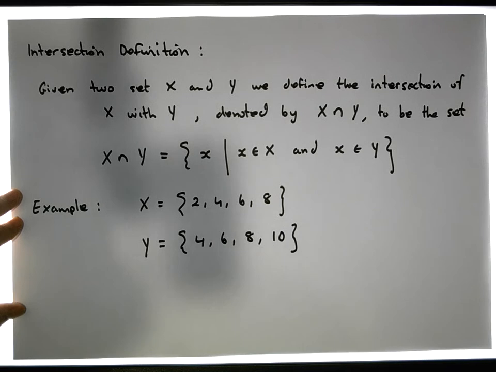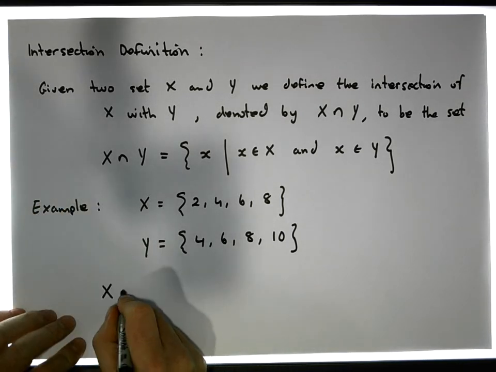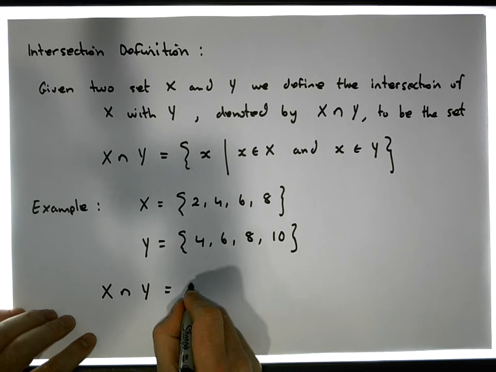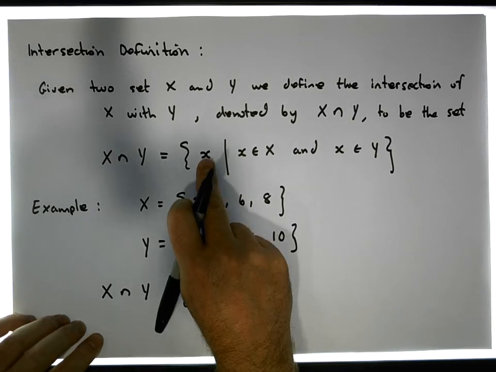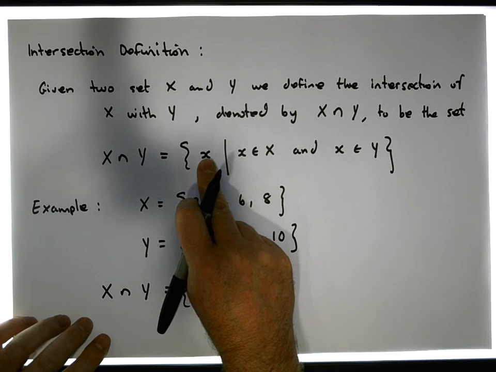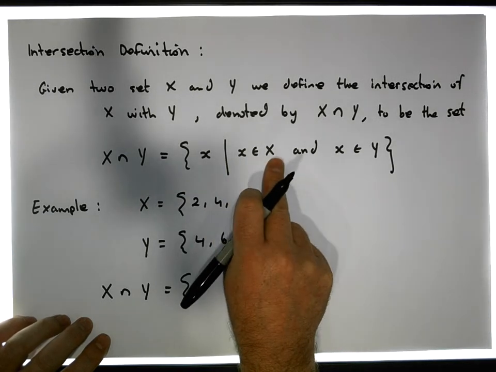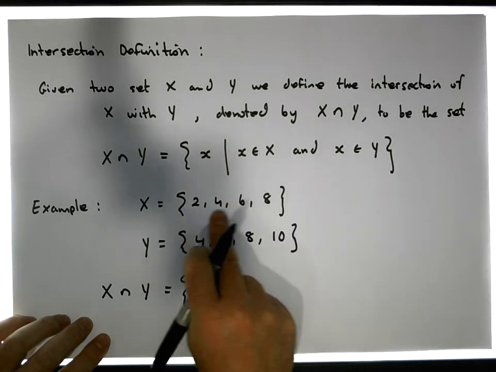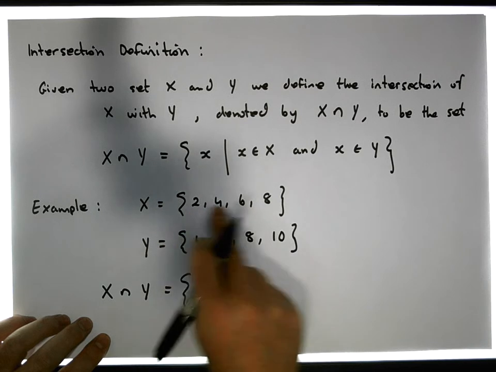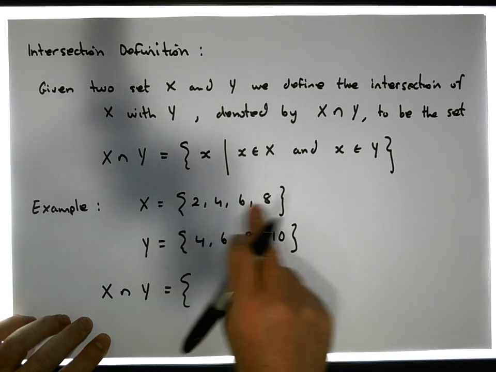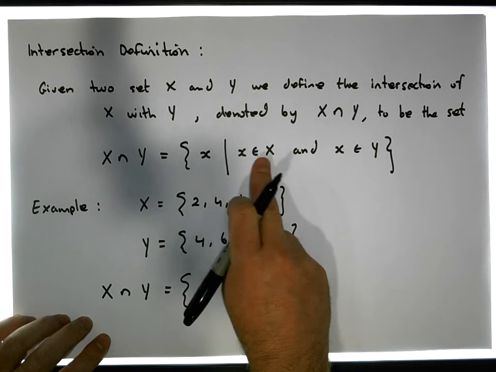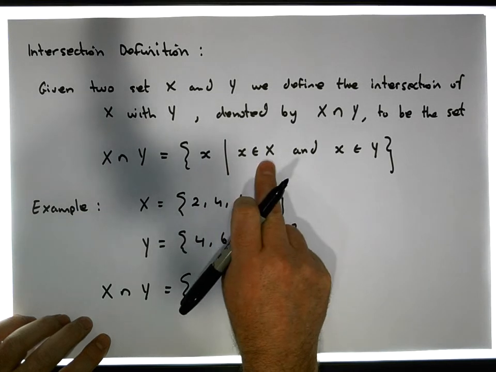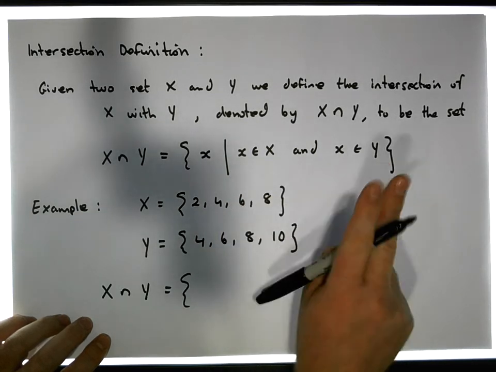If I want to find the intersection of the two sets, X intersection with Y is equal to a new set. The items going in the set, first of all, have to be in X. So here are some candidate objects, because these are the members of X. To be in this set X intersected with Y, you need to be in X and you need to be in Y. So there are two conditions to meet.